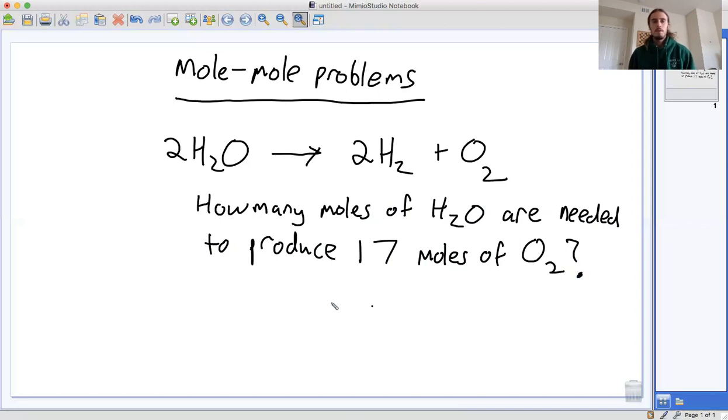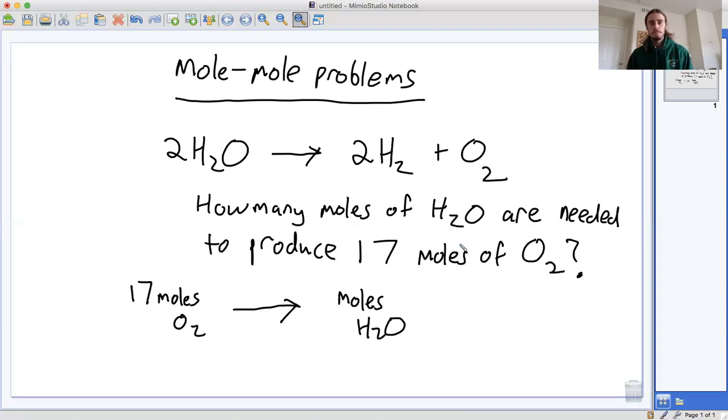Okay? Well, to solve this problem, we're taking 17 moles of O2, and we need to find a way to convert that into moles of water. So it's a type of unit conversion, changing the units from moles of O2 to moles of water. Like any other unit conversion, you can do that conversion using a conversion factor.